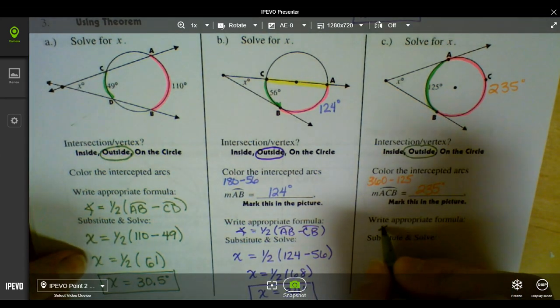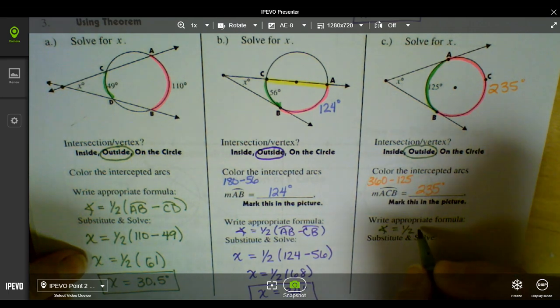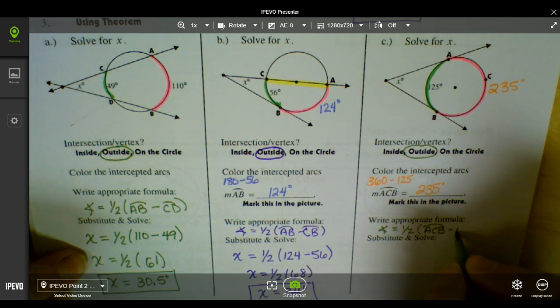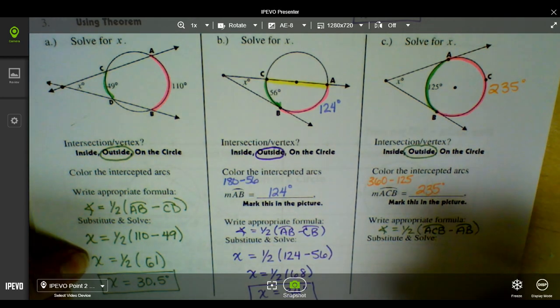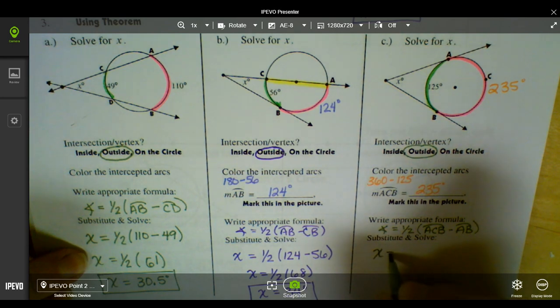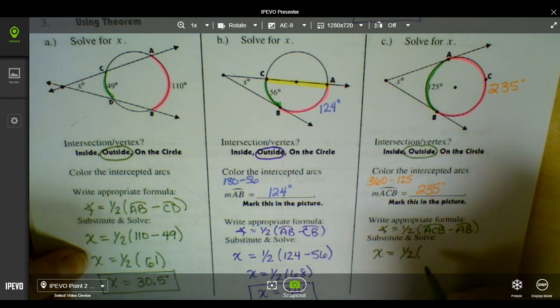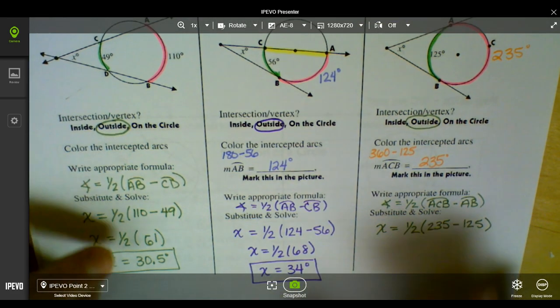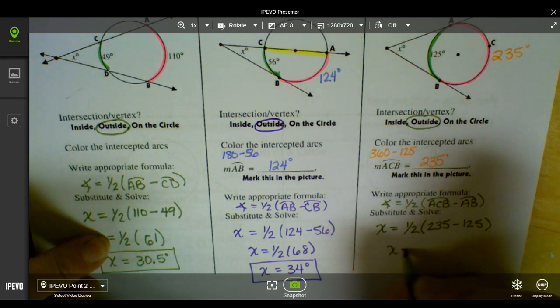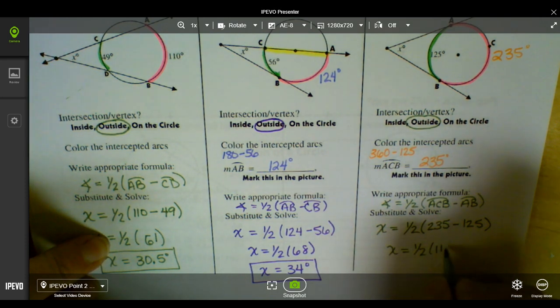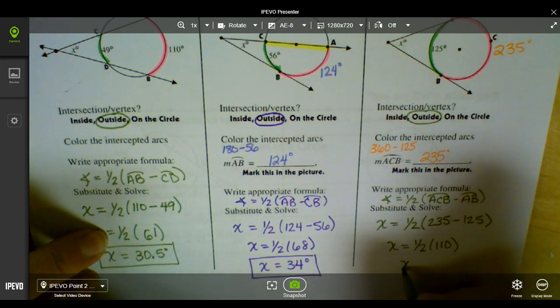We're solving for the angle, 1/2 the major arc this time, so I have to have ACB because that's a major arc, minus the minor arc of AB, and then substitute. My huge arc is 235 degrees. I'm subtracting the 125 degrees. So 235 minus 125 is 110. Cut that in half, and that angle is just 55 degrees.